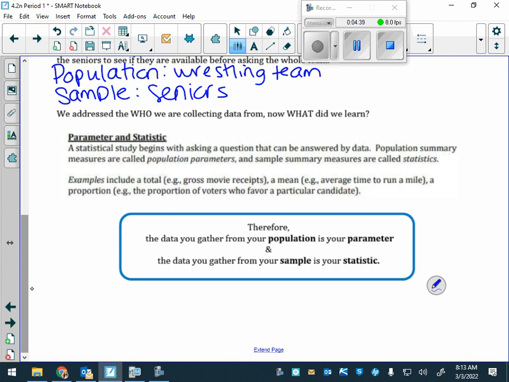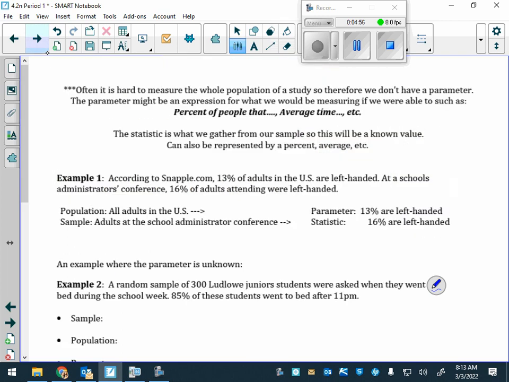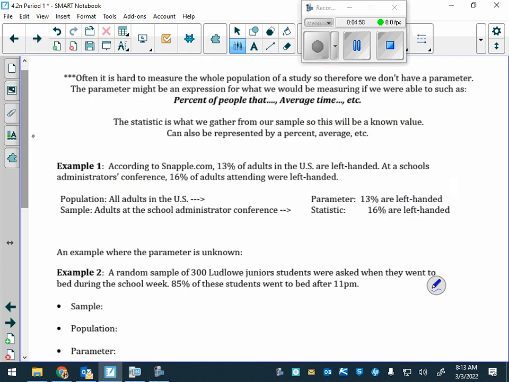Now, one thing when we figure out the parameter and the statistic, the wording is going to be identical. One might have a numerical value, one may not. Okay, but the wording will be exactly the same, just like with population and sample. It's going to be very similar. Again, it's often hard to measure an entire population, so it's very, very hard to get a numerical value for a parameter.